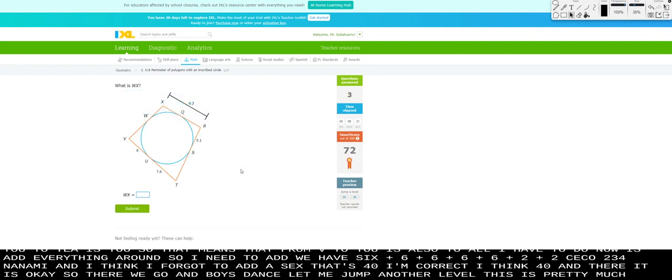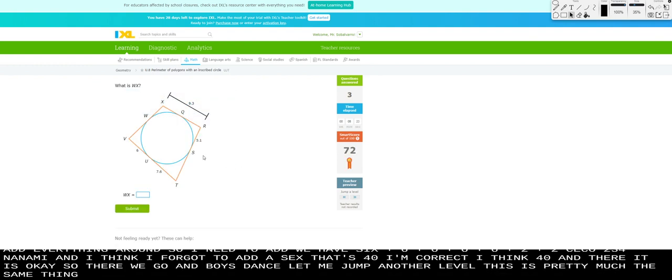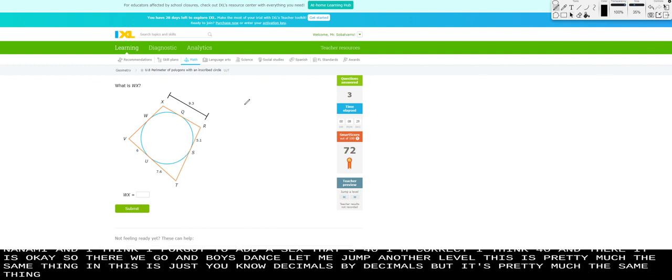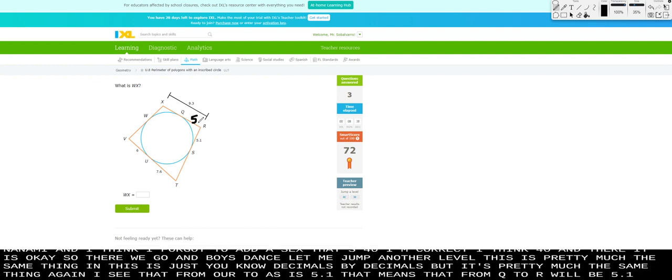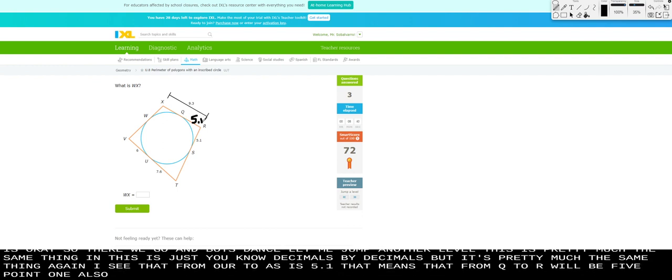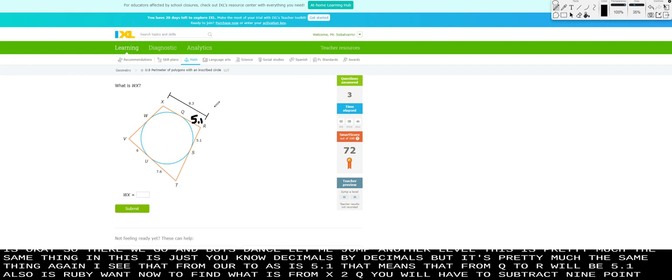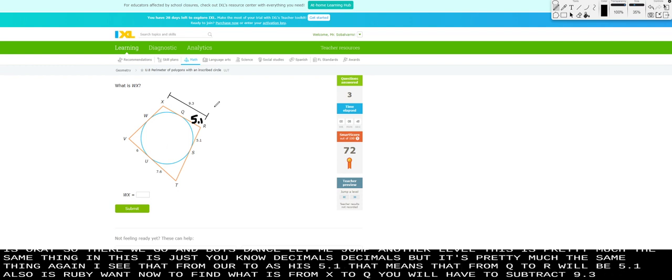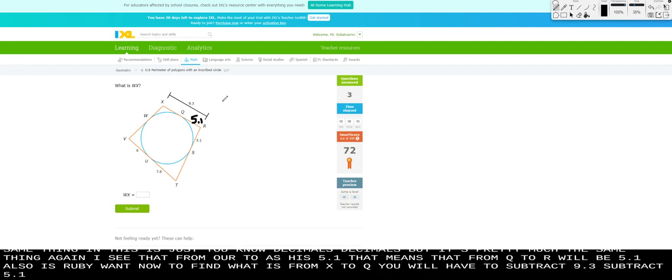This is pretty much the same thing, just with decimals. Again, I see that from R to S is 5.1. That means that from Q to R will be 5.1 also. Now, to find what is from X to Q, you will have to subtract 5.1 from 9.3, and that will give you 4.2.